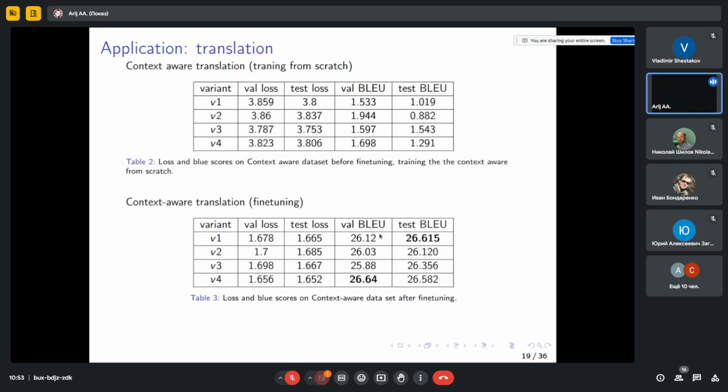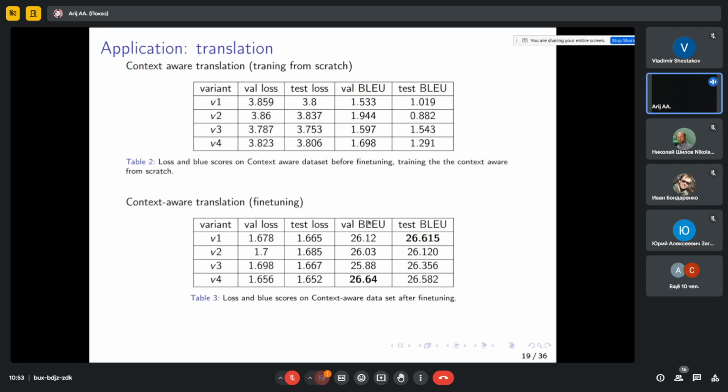For context-aware translation, just a quick note that the model is resilient to the number of chunks. So the same model, without any change of parameter numbers, can process even 1 chunk or more than 1 chunk. For the context-aware translation, if we train the model from scratch, we get a very bad BLEU score for all model versions.